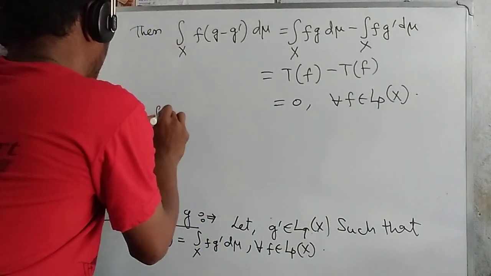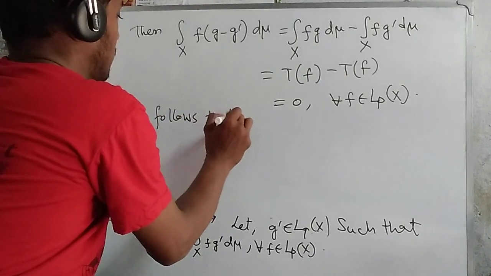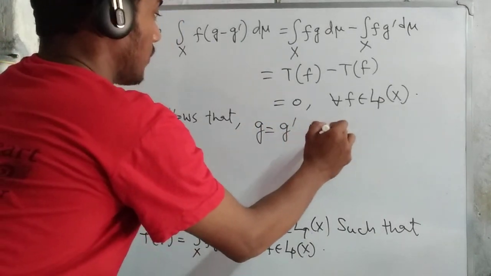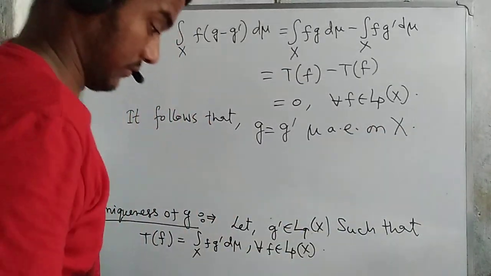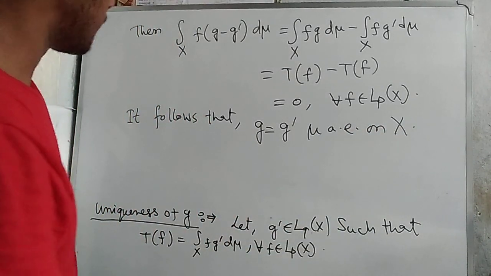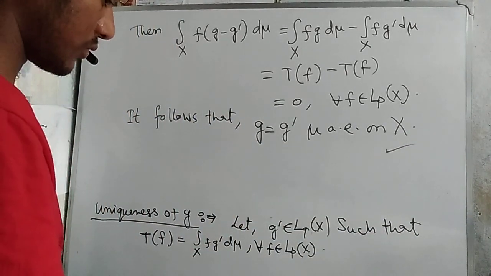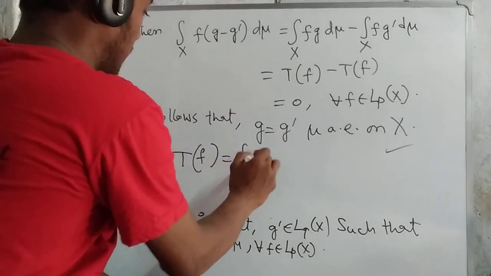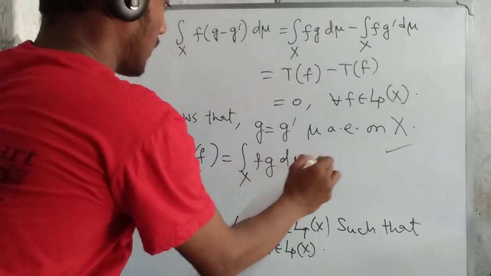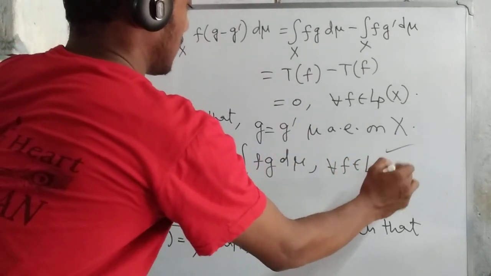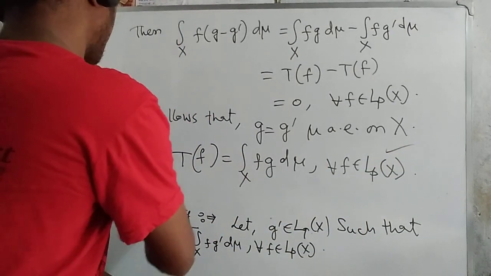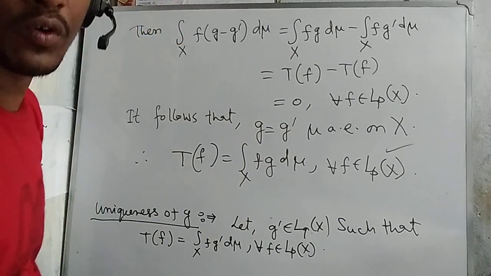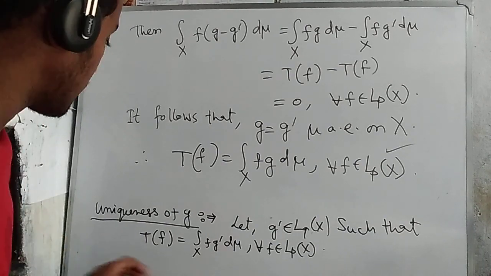It follows that g equal to g dash mu almost everywhere on X. Then we also prove the uniqueness of g, and we get T(f) equal to the integration over X of f g d mu for all f belongs to L^p(X), with g belongs to L^q(X).